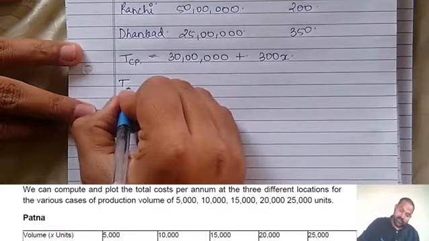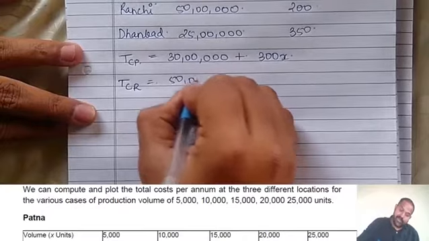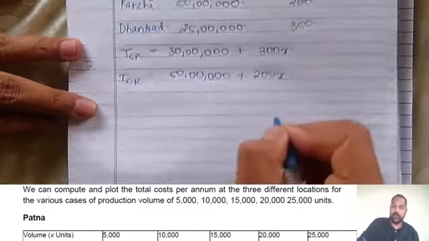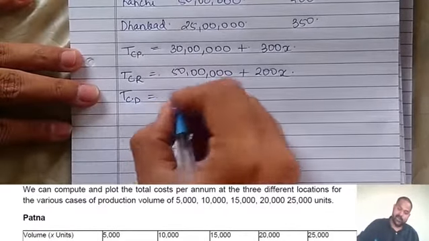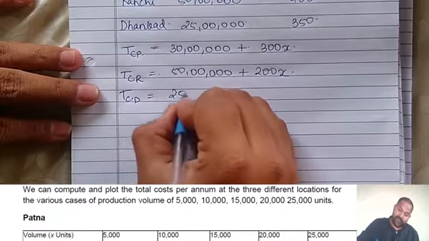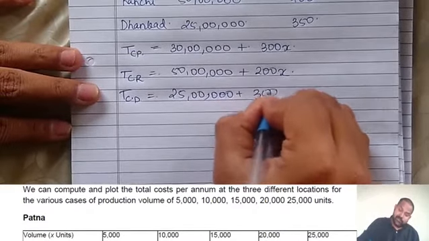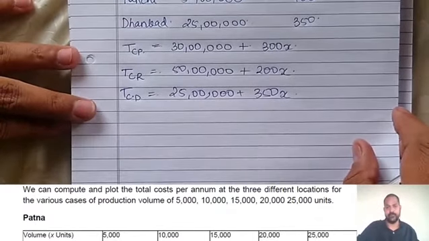Then we have the total cost for Ranchi is 50 lakh plus 200 into the number of units you produce, and the total cost for Dhanbad is going to be 25 lakh plus 350 into the number of units that you produce.